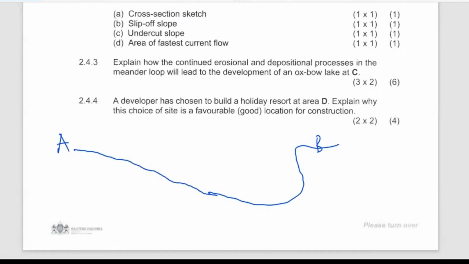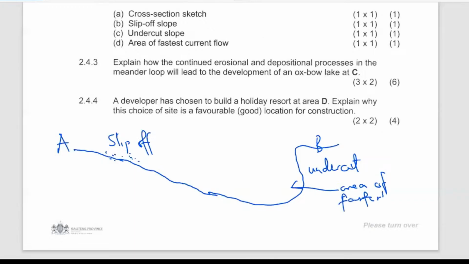Right, we said our slip-off is this side, where deposition happens. There's deposited material here. And our undercut slope, we find it on this side where there's erosion. And the area of fastest current flow, this is the area of fastest current flow.